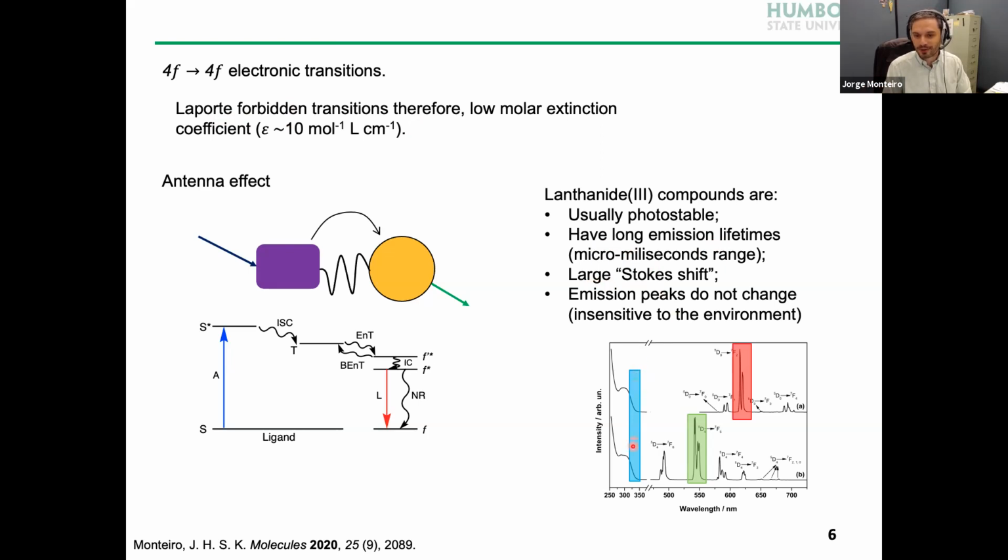Now our excitation falls basically in the UV-visible, and our emission is far away from the excitation, so no interference at all. And again, the position of the emission peaks does not change as a function of the environment. So very, very consistent.